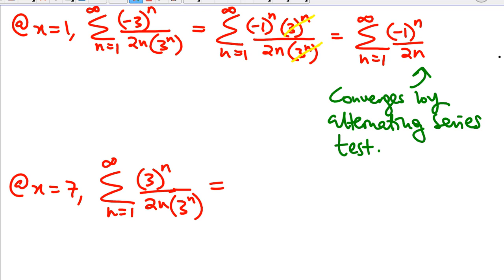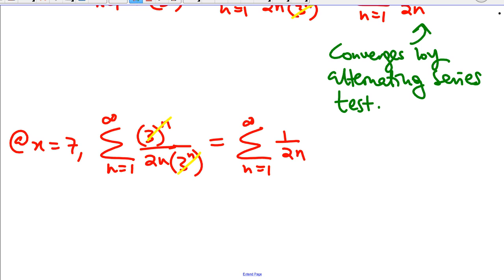Because these do cancel, this simplifies to this series. You can find whether this series converges or diverges by using the limit comparison test.